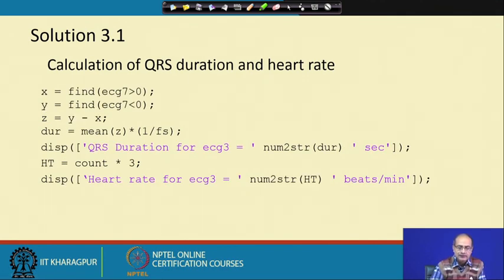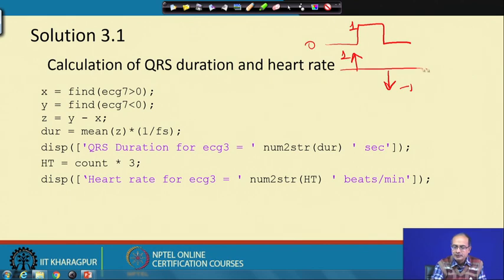ECG 7 will have, after the differentiation of the signal looking like this with 0 and 1, spikes like this: it will have here 1, here minus 1, and at the rest of the places it will be 0.